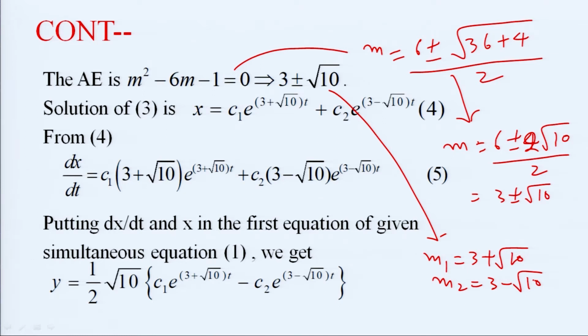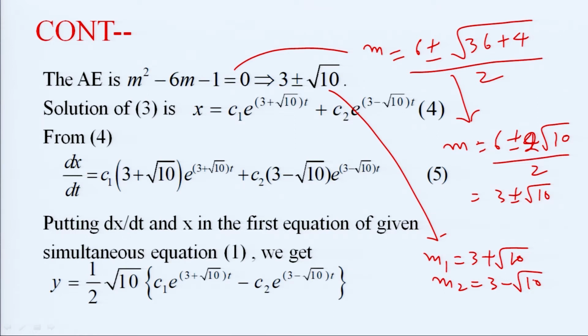Differentiating it, dx by dt is c1 (3 plus root 10) e raised to the power 3 plus root 10 t plus c2 (3 minus root 10) e raised to the power 3 minus root 10 t.